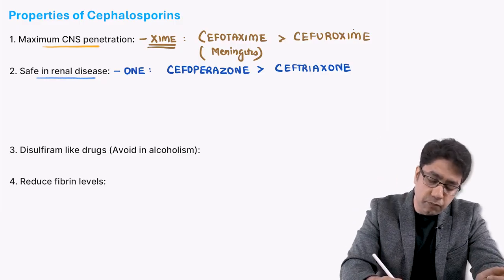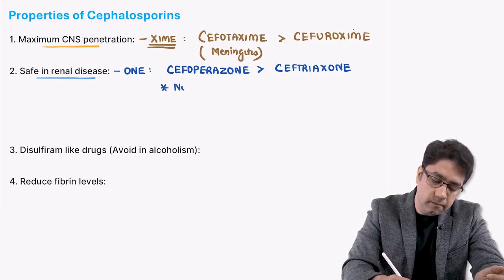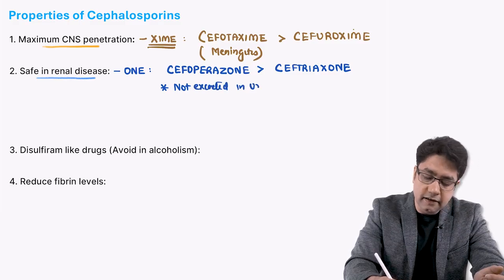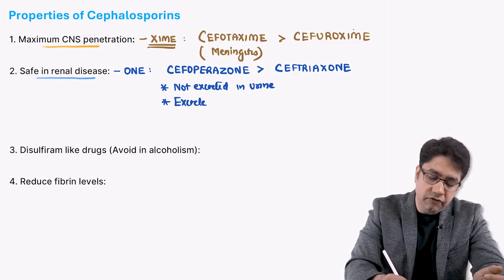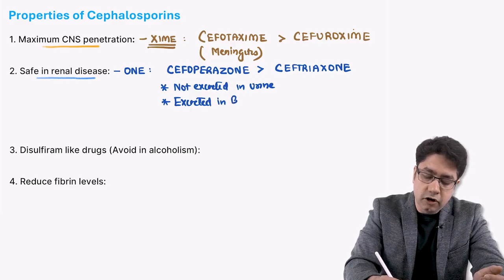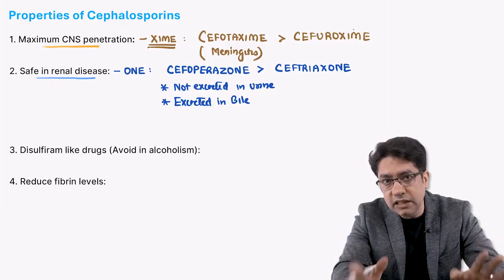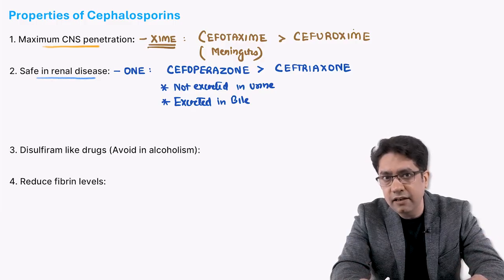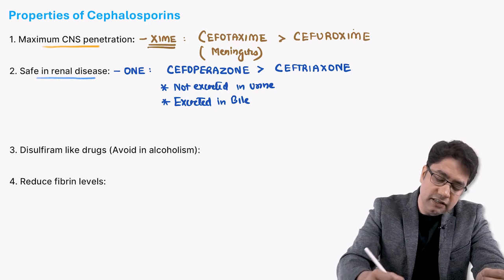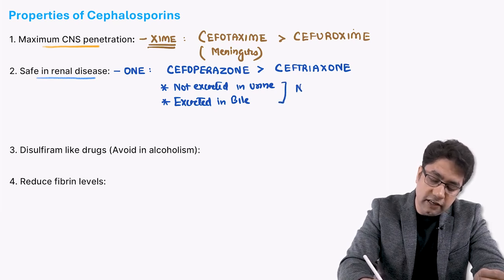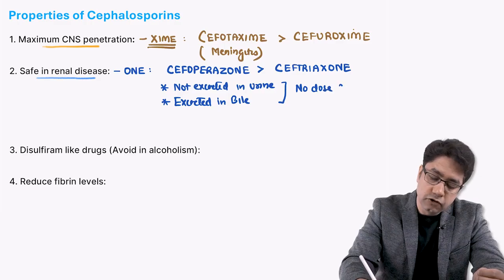Because these cephalosporins, they are not excreted in urine. They are rather excreted in bile. So if they are excreted in bile, do you reduce the dose of these cephalosporin in renal failure? So that is the great advantage. No dose reduction in renal failure. So they are safe in renal disease patient.